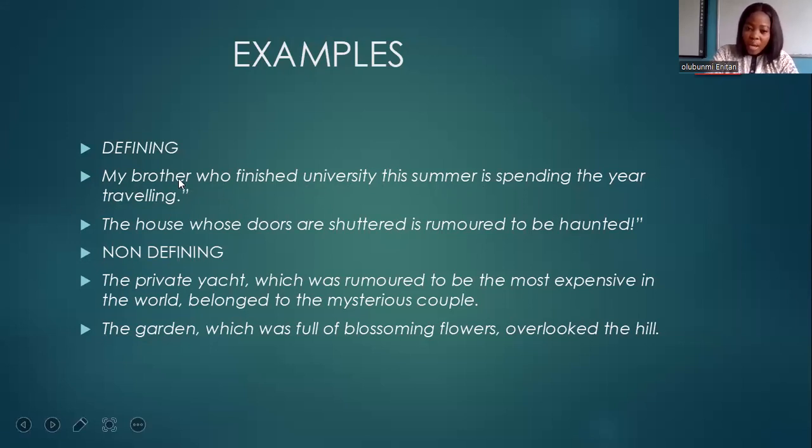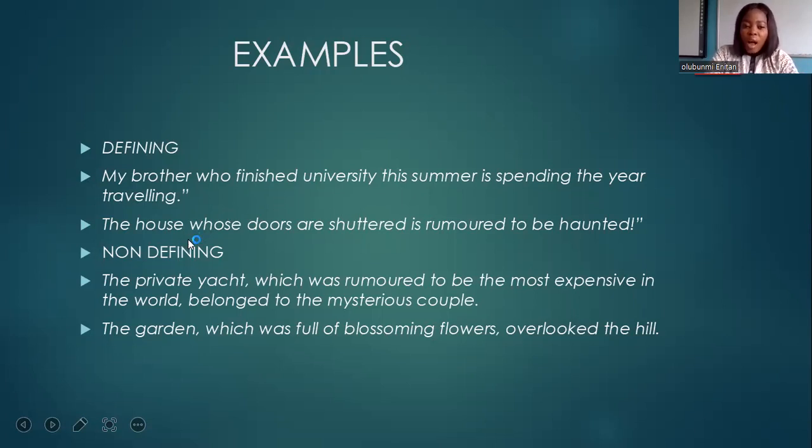It's describing my brother, who is spending the year traveling. If we say my brother is spending the year traveling, that information is still needed because it is specifying which of your brothers, the particular brother who finished university this summer, is the one spending the year traveling.